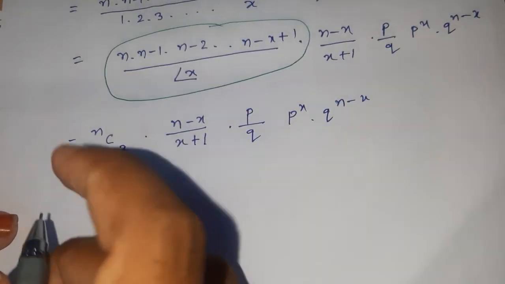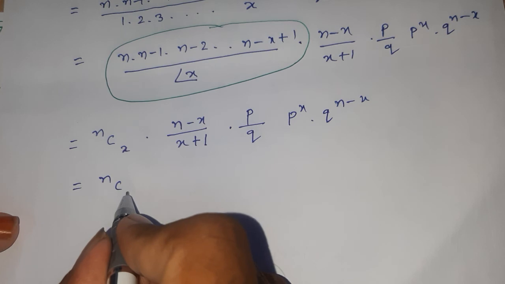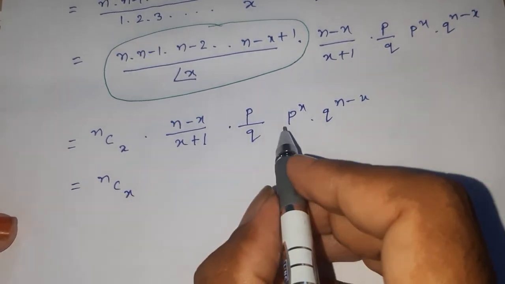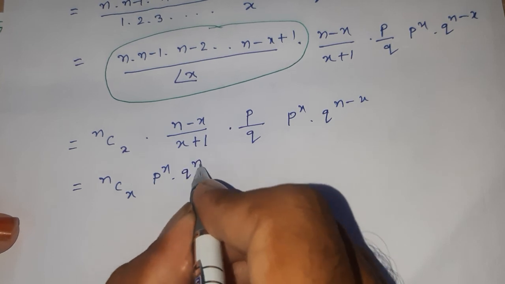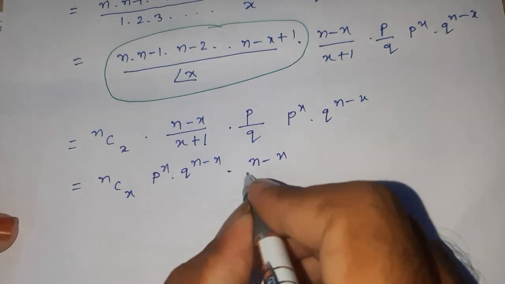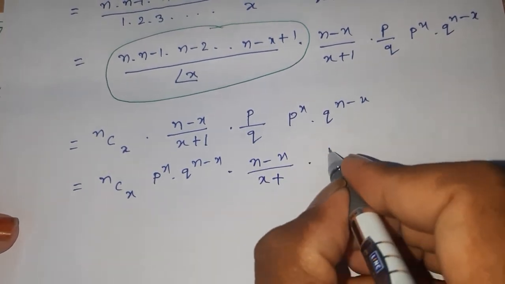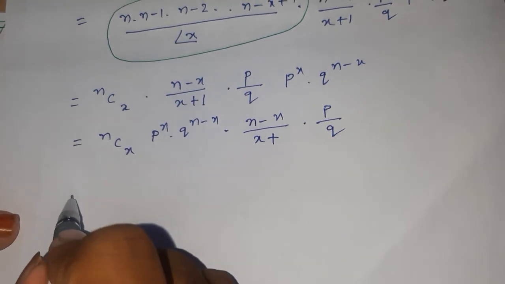Or simply, let us rearrange the terms in this product: nCx p power of x, q power of n minus x into n minus x by x plus 1 into p by q.